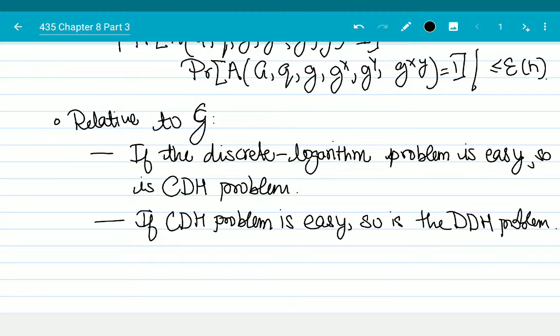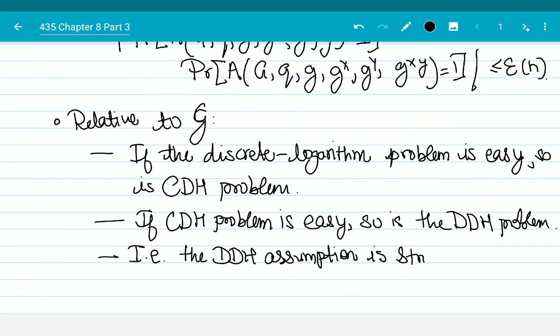This means, i.e., the DDH assumption is stronger than the CDH assumption.